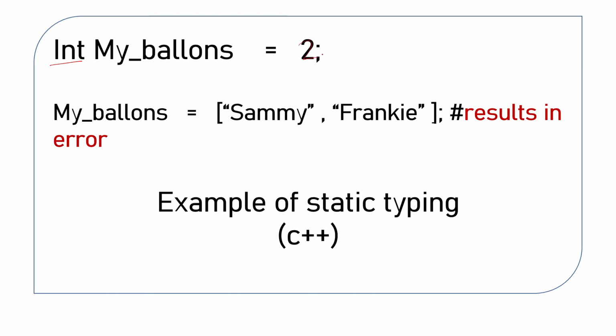Later in your code, you would not be able to assign it a different data type. You could not say my_balloon equals Sammy and Frankie. This results in an error, because that's no longer an integer. These are examples of statically typed languages.